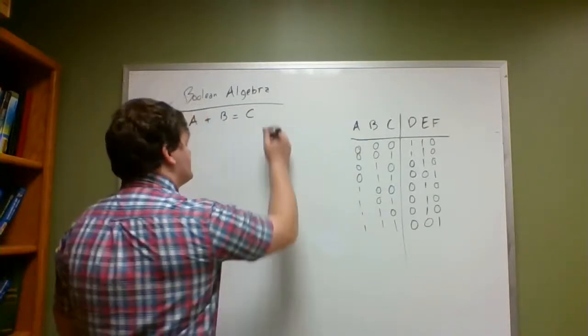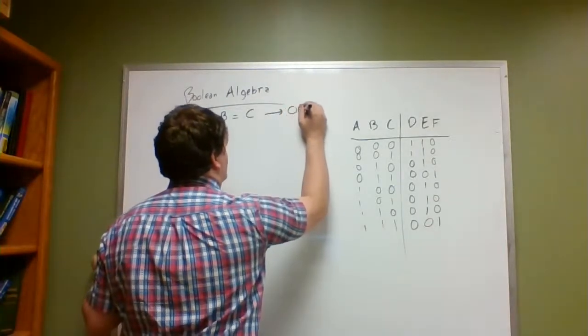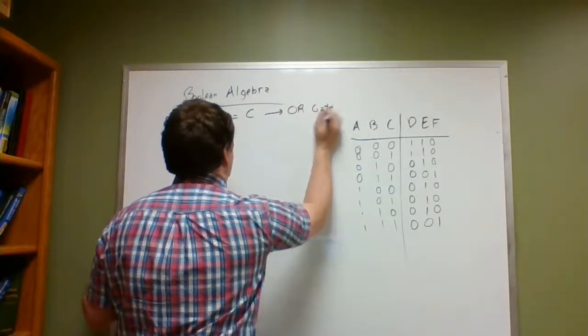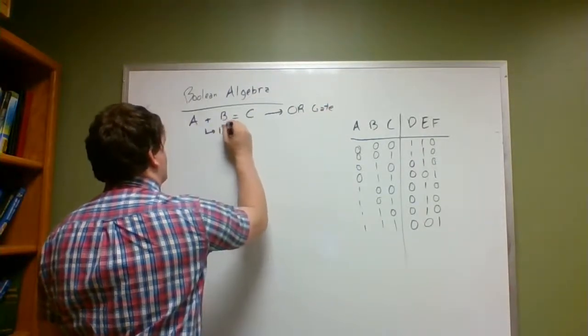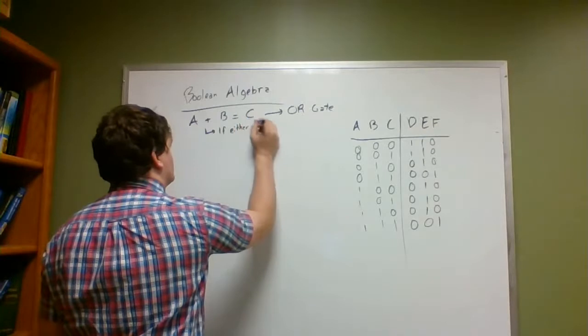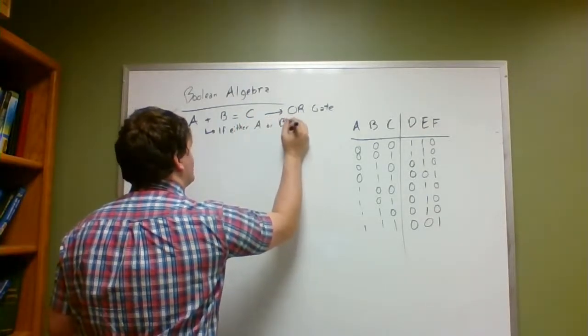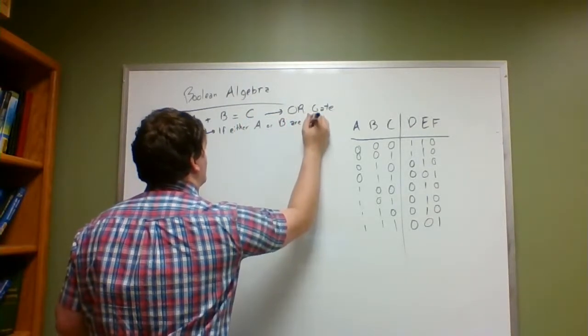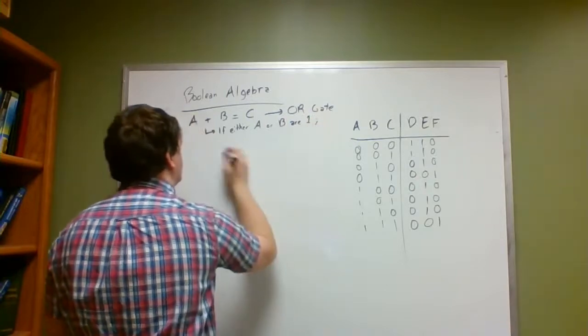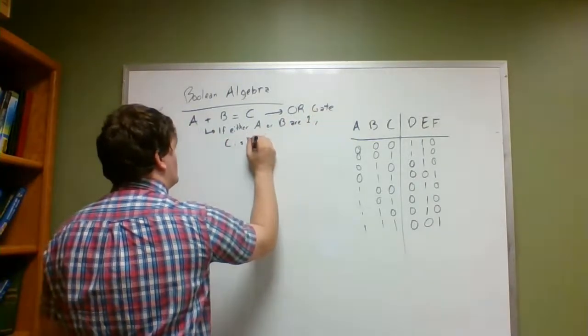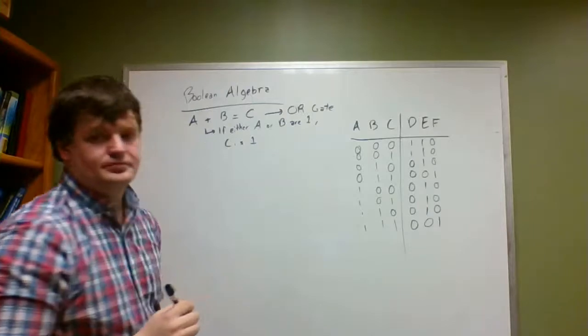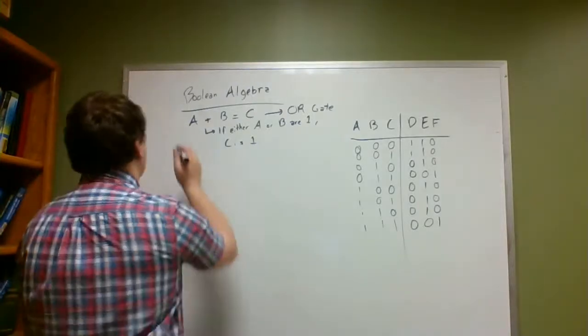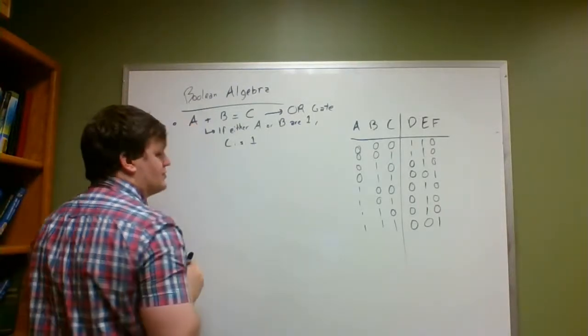This represents an OR gate. If either A or B are 1 or true, C is 1. So that's our Boolean algebra statement number 1.